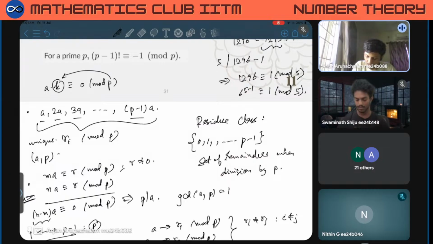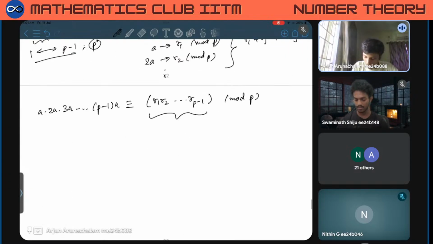So p doesn't divide k, but p will divide a. So it is never possible that a into some k is congruent to 0 mod p. So everything from 1 up to p minus 1 will be covered here because all of them are unique, and you are putting p minus 1 of them.